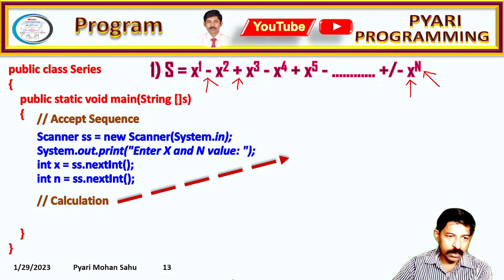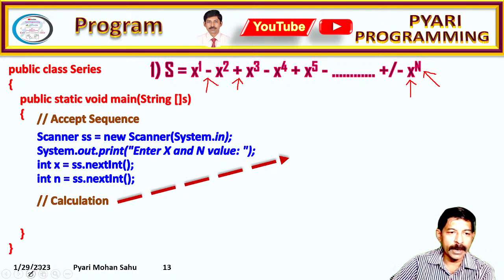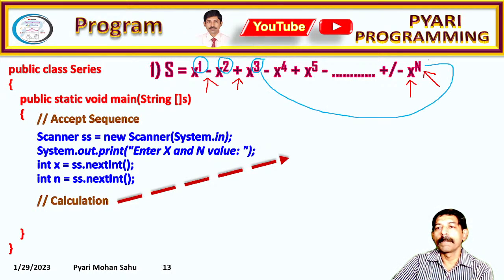Hold on, let me change the color to blue. Now look at this. C says that we will take the loop variable 1, 2, 3, like this up to n.